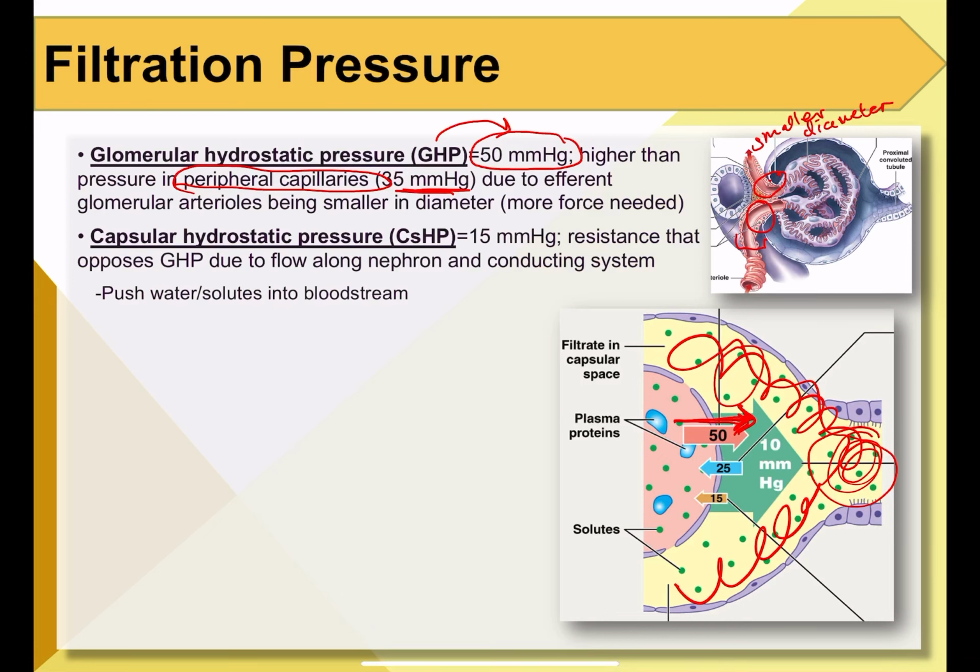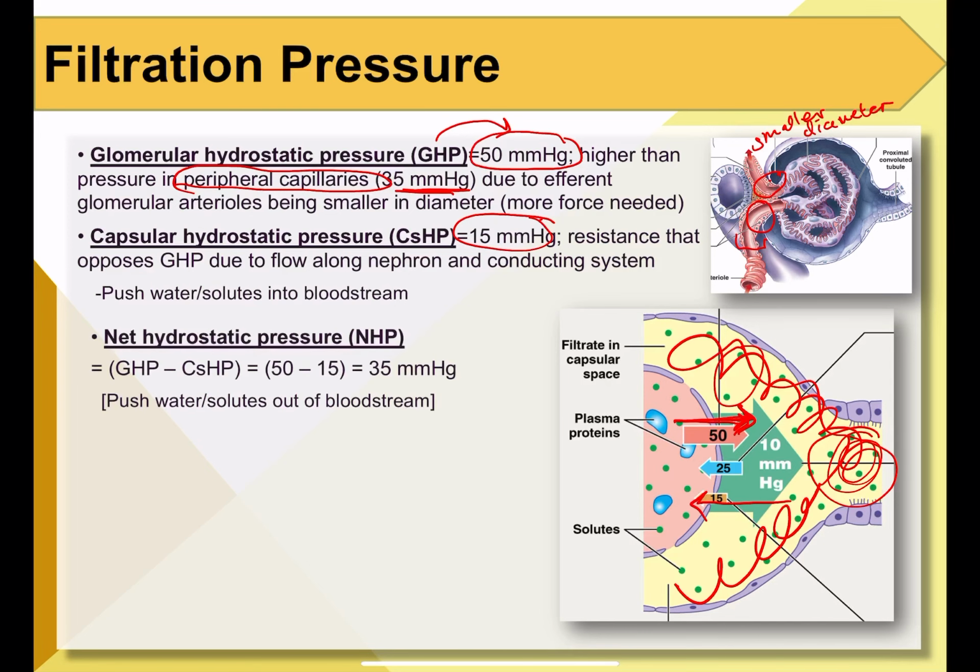That liquid is going to exert a force backwards, which is about 15 due to that resistance. Hence, the net hydrostatic pressure, or NHP, is the difference between the two: one going this way, pushing fluid through to form your filtrate, and the fluid pushing backwards on the glomerulus. So the NHP, net hydrostatic pressure, is 35, okay?